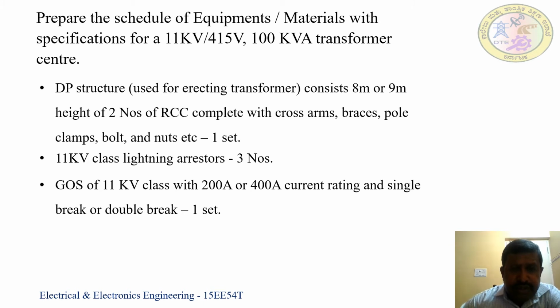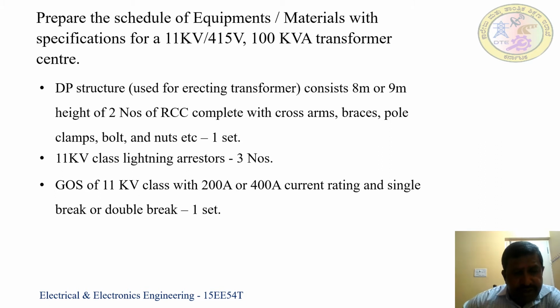Then it is a reinforced cement concrete structure, complete with cross arms, braces, pole clamps, bolts and nuts, etc. One set. Then the second material, 11 kV class lightning arresters, three numbers for three phase. For each phase, one number.